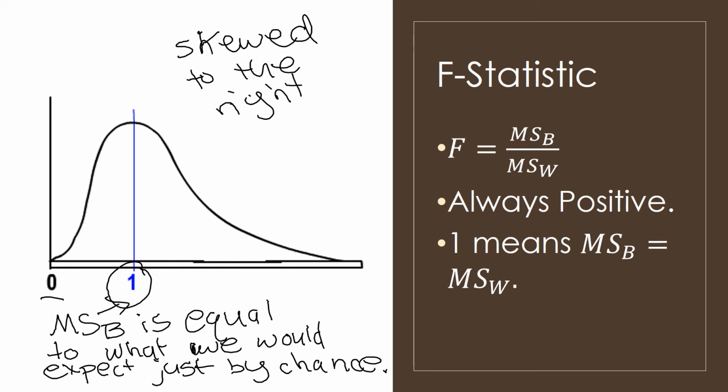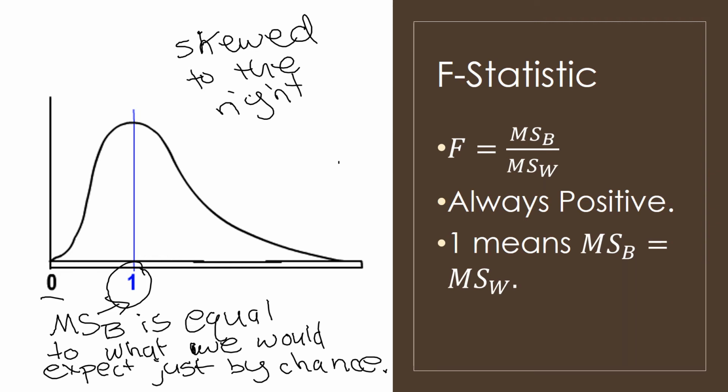And so the mean squared within is an estimate of what we expect the variability in the sample means to be if it's just due to sampling error, if it's just due to chance. And in the real population, they're all equal to each other. So hopefully that makes a little bit of sense.